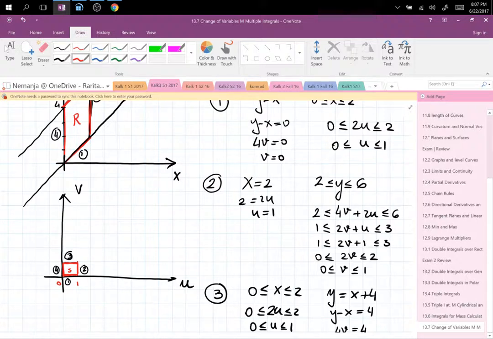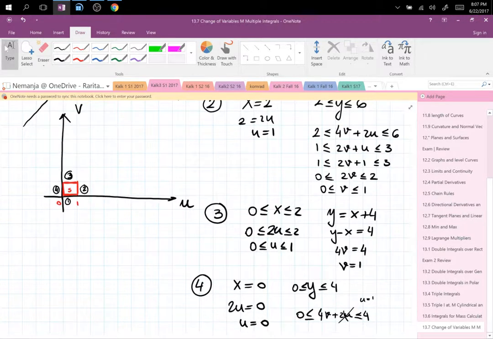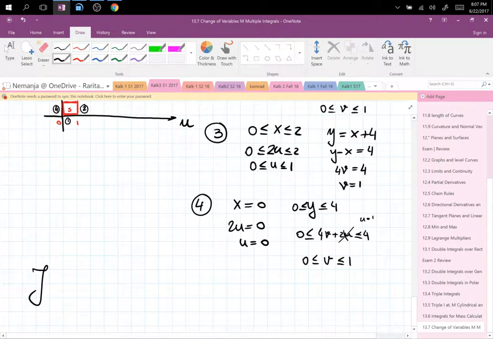All I need now are partial derivatives for the Jacobian matrix, and we can plug everything in. So the Jacobian of u and v is going to be partial x, partial u, so that's 2. Then partial x, partial v, which is 0. And then partial y, partial v is 4.